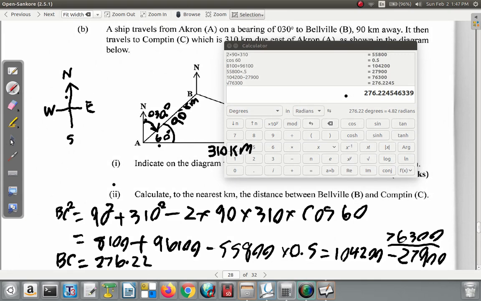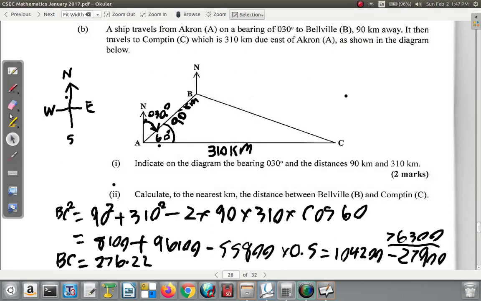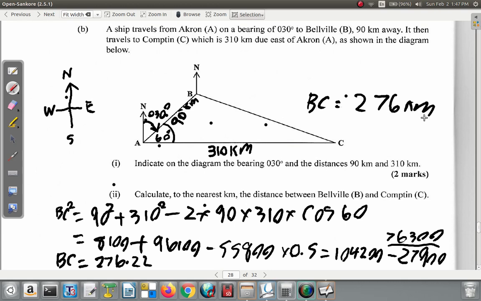So there you have it. Now, they say to the nearest kilometer, so you just write 276. So therefore you end up with BC being 276 kilometers. You make sure to write down the unit.